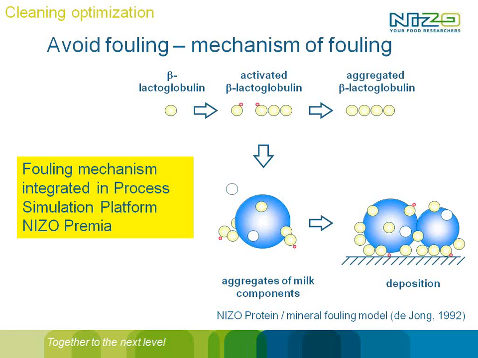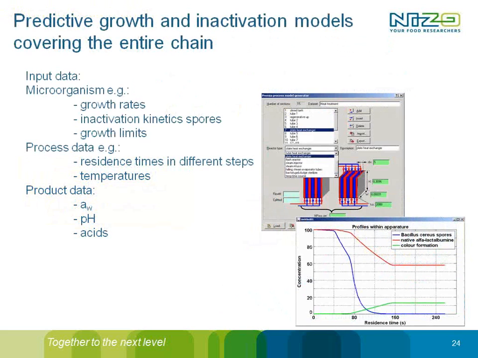How fast is this activated beta-lactoglobulin created? How fast is it depositing, or denaturing and aggregating? If you use this model in combination with the process settings, you can look at what is happening within your process. This is implemented in our processing platform called NIZO Premia.